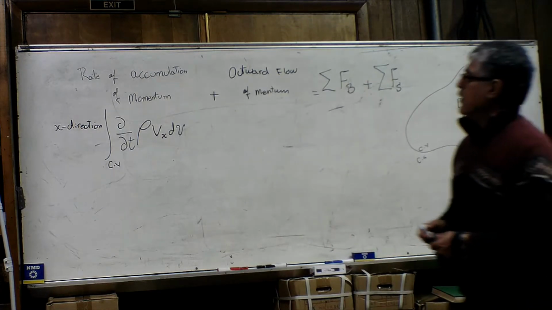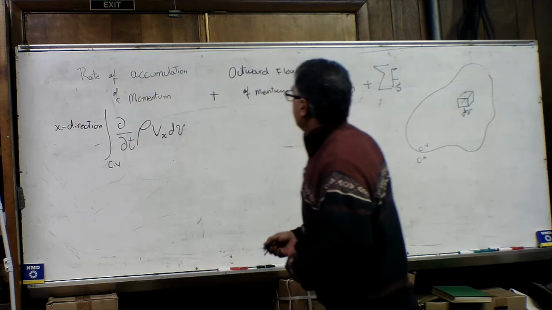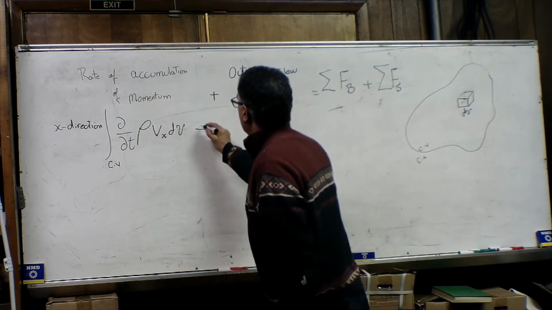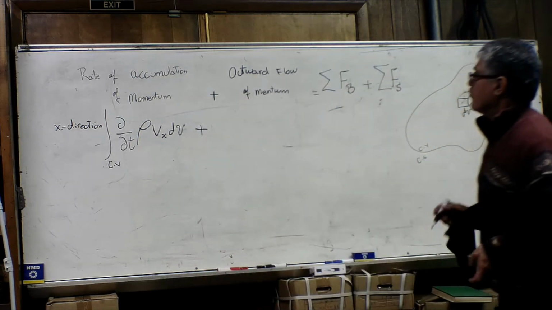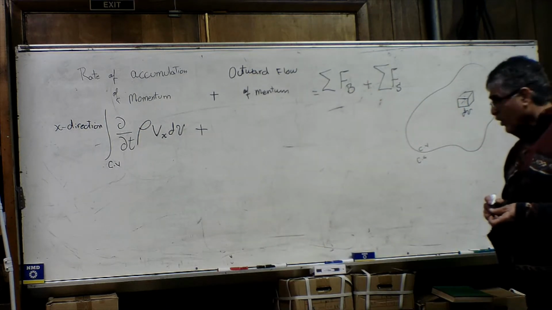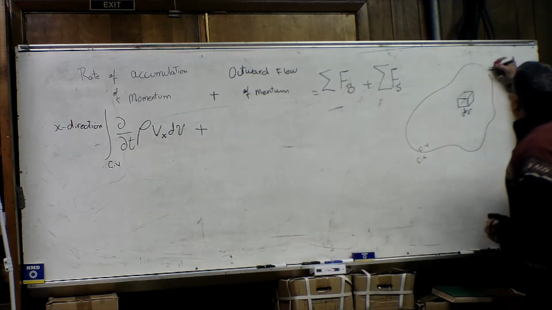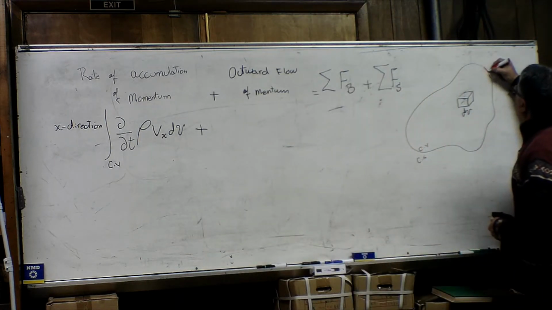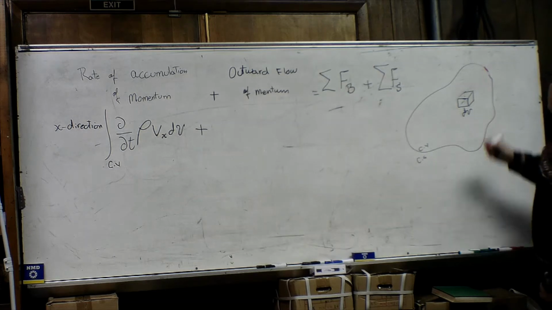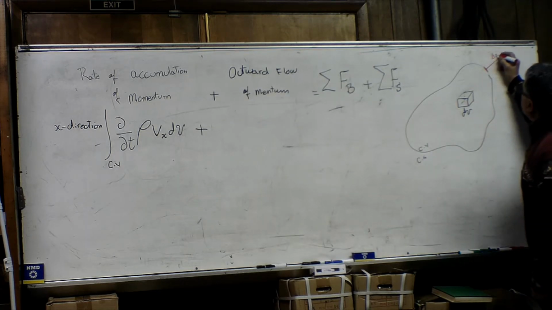So this is the first portion of our statement, plus the outward flow of momentum. For this portion, we are going to assume a differential surface, and we show that surface by vector dS.